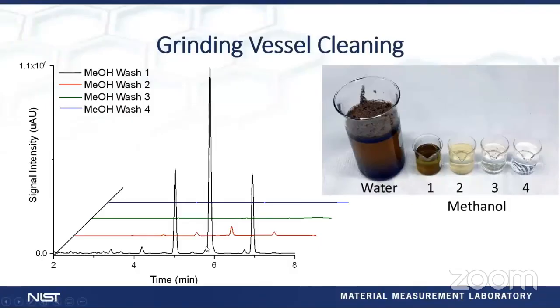This was a marijuana sample. You have a really high delta-9 THC peak here and THCA, and as you move on into subsequent washes, you pretty much eliminate their presence in the sample. So this is how we decided that using 4 methanol washes was appropriate.